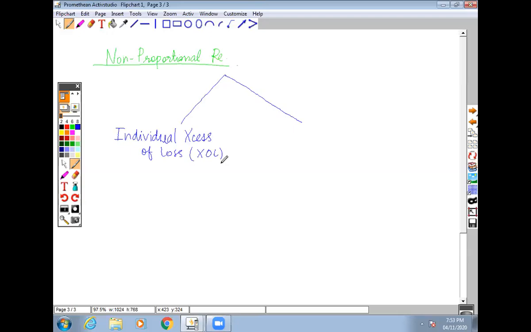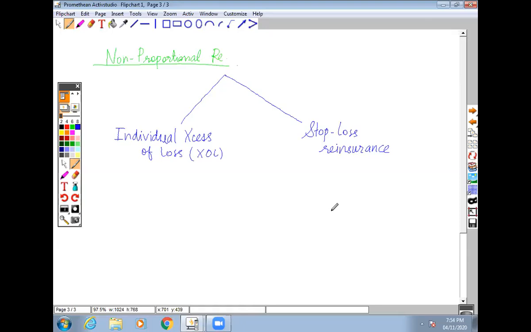And the other kind of non-proportional reinsurance that you can have is the stop loss reinsurance. The names are a bit confusing because they do represent what's in there, but it's just not that convenient, I would say.